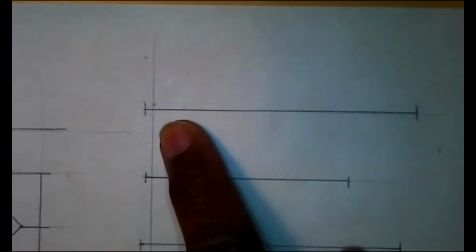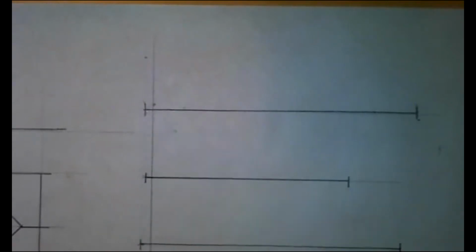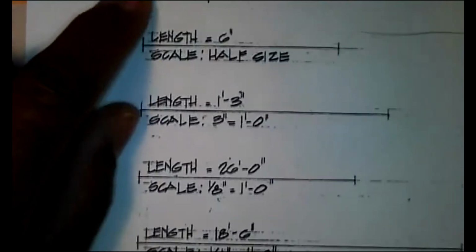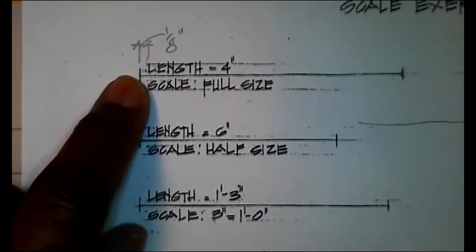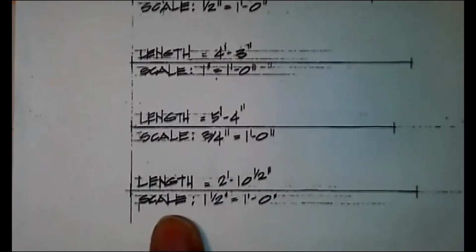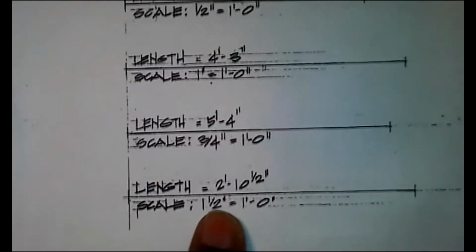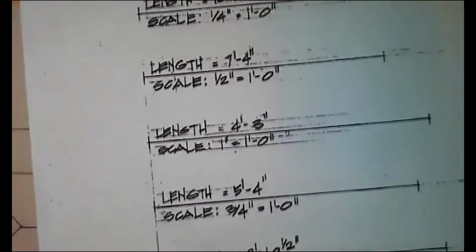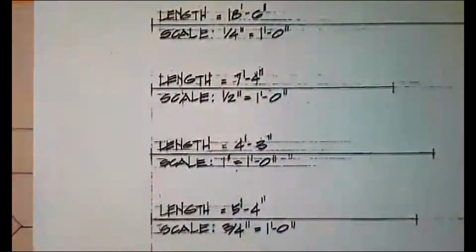And of course, I made mine too dark there. We're doing it through the whole length, right? That's right. You bring it down, and you're going to start here at length equals 4 inches, and bring it all the way down to length equals 2 feet 10.5 inches, because you have text all the way down.